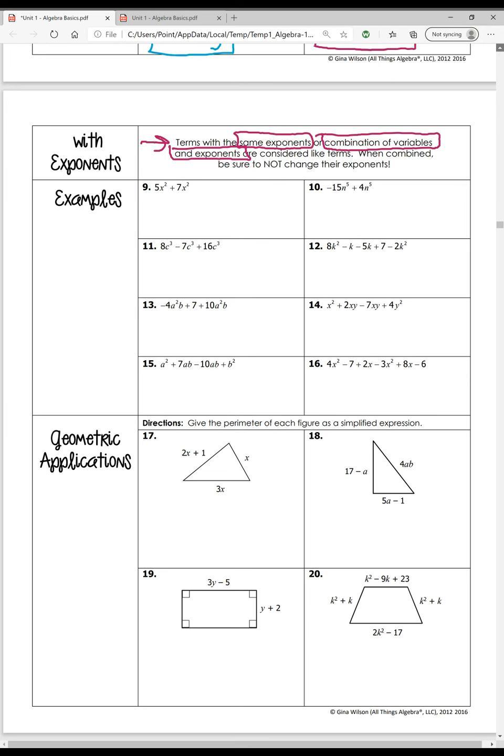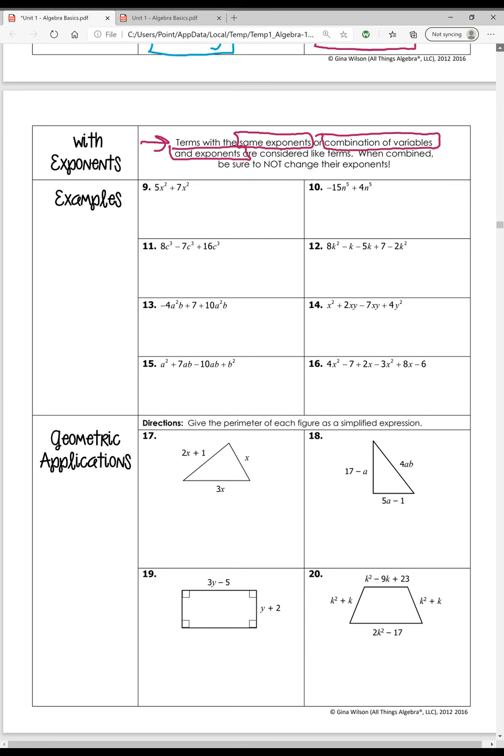They must be the same exponent or the same combination of variables and exponents in order to be considered like terms. When you combine these, be sure you do not change their exponents.